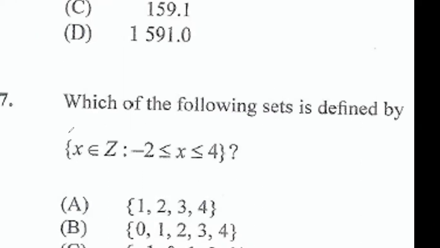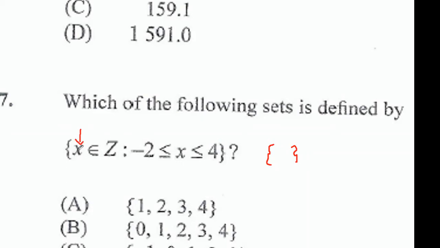The curly brackets mean the set of, right? Anytime you have curly brackets, I mean set of. So this means the set of all x's. This x means all x's, right?